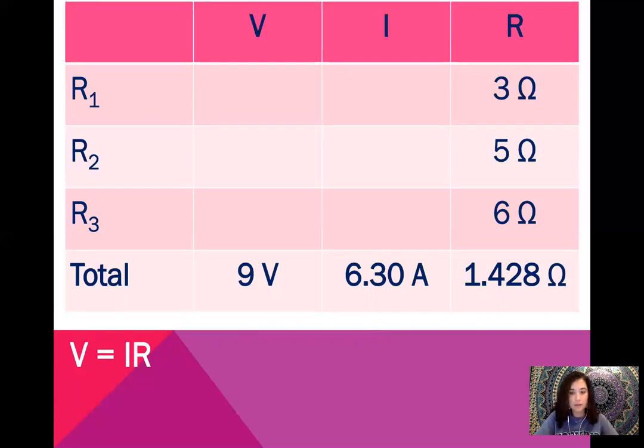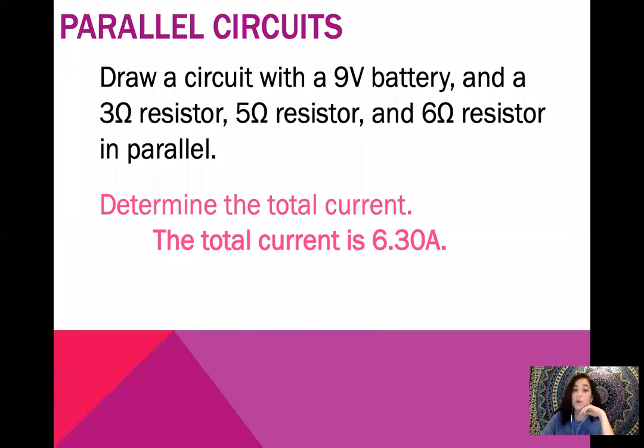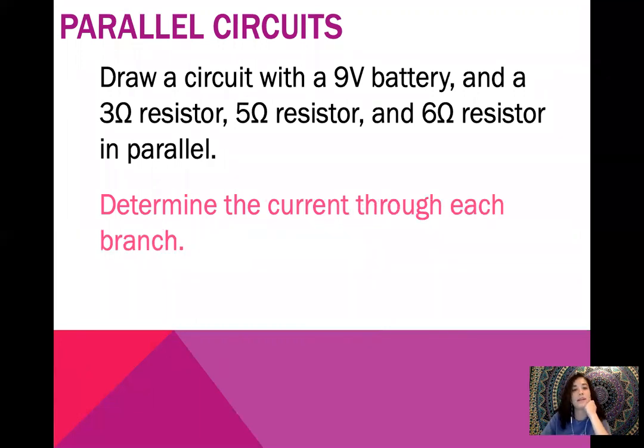Hold on. 9 divided by 1.428. Yeah, right. It's another decimal. It keeps going, and that's why 3 sig figs is always more than enough in this class. Okay, guys? So the total current running through this circuit is 6.30 amps. Question answered.